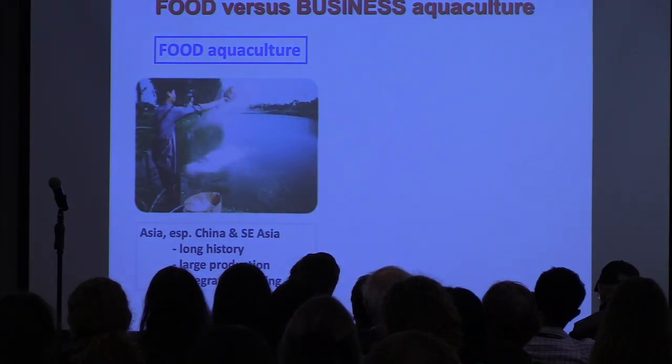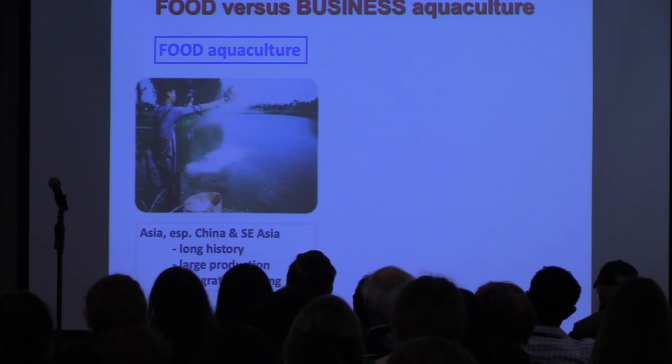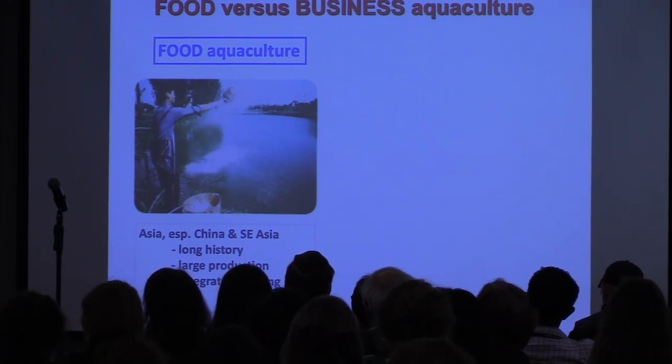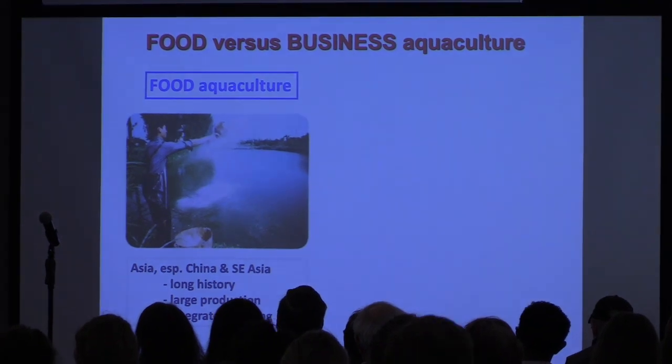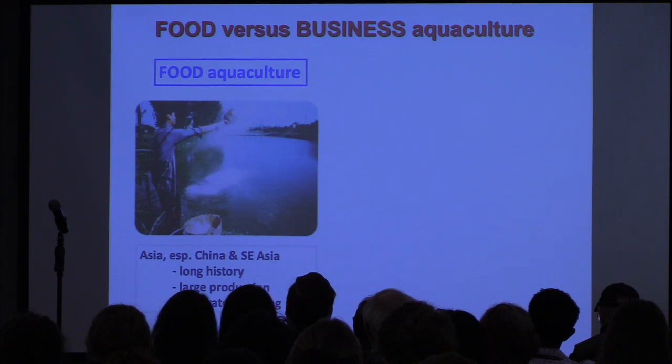And you will not find it in the textbooks, but I like to classify two types of aquaculture, what I call food aquaculture, and, as you will see in a moment, business aquaculture. Food aquaculture has a very, very long tradition, hundreds, in fact millennia. Why do I use the word food? This is production of food for local consumption, and that goes back to China, Asia, a number of countries in the world.